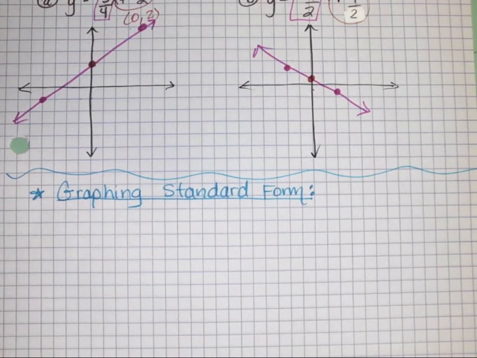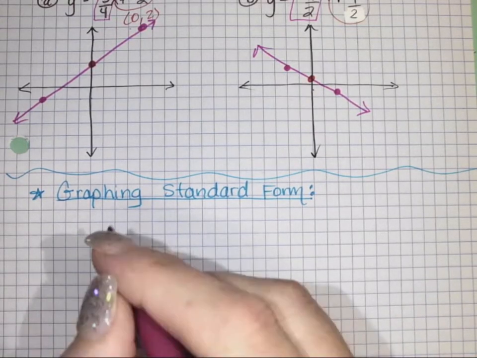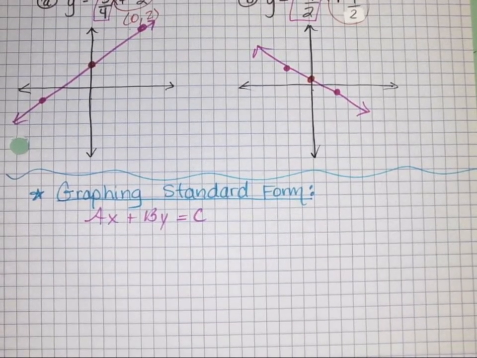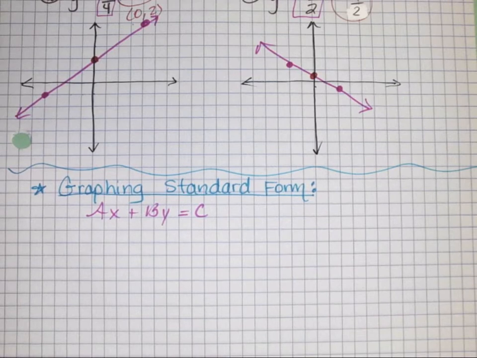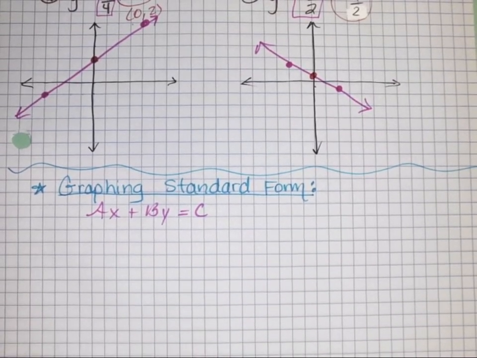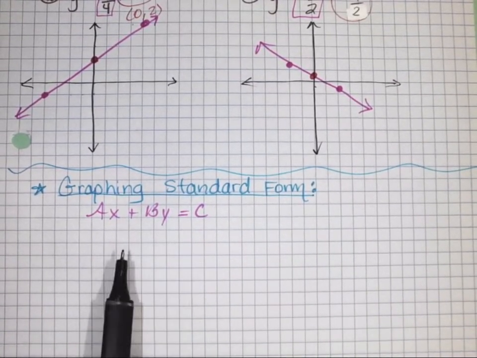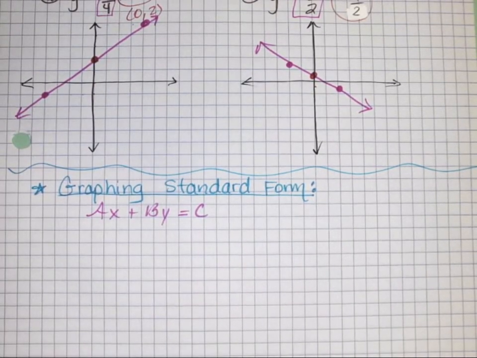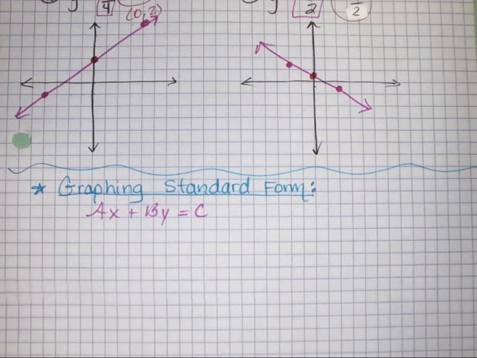Standard form, recall, is your lovely Ax plus By equals C graph. And you're going to love this. I'm sure in the past you've been made to solve this for y and put it in slope-intercept form, but you don't have to do that in this case.